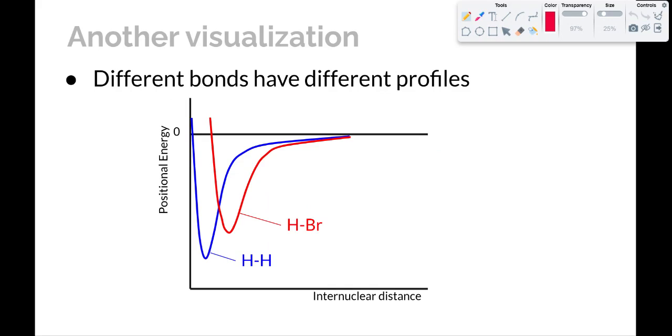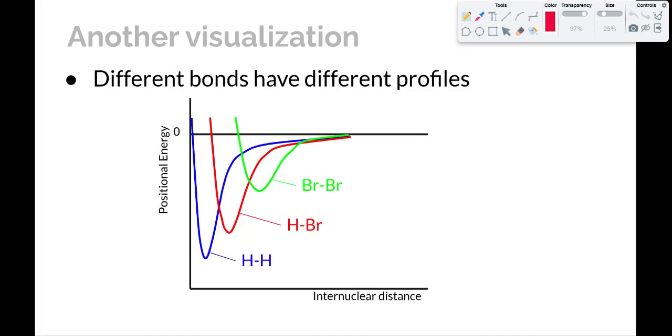We can see that the bond is longer. This makes sense because bromine is a bigger atom than hydrogen, and so the electrons that make up that shared bond are farther away from the bromine than they are from the hydrogen in the HH bond. That would mean the denominator in our little comparison equation is bigger, which means that the energy required would be smaller. Another comparison, here's bromine and bromine.